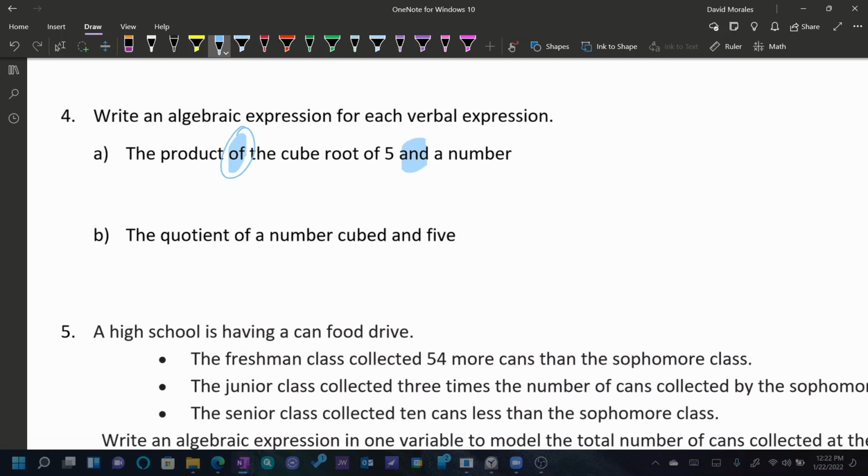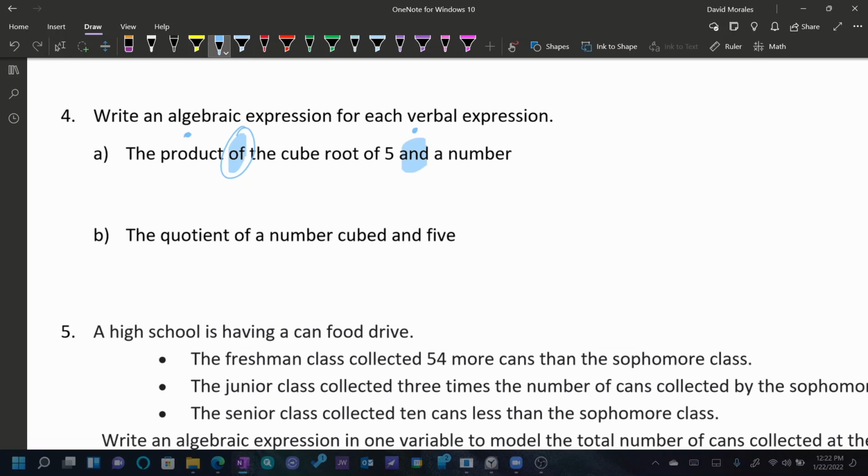This group is doing multiplication. Where do I put the multiplication? Where the and is. Now, if you have two groups going on, if you have two ofs, you're going to have to go to our other questions and see how I work those. But that's how that is.